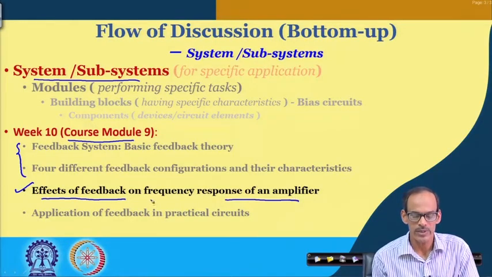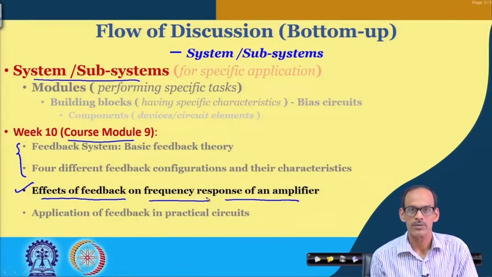When we say frequency response, our focus is primarily on the gain of the amplifier, but it is also applicable to impedance, and to other gains as well: current gain, transconductance, transimpedance and so on.